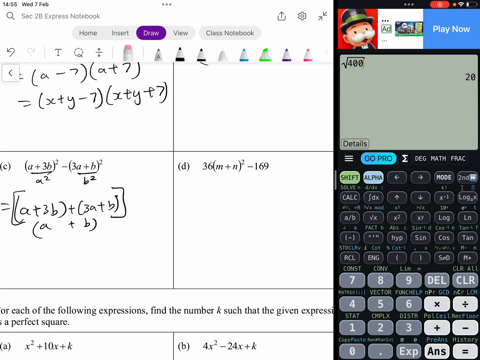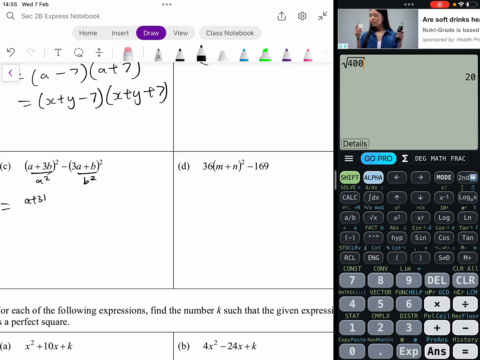Okay, let me squeeze it in a bit. A plus 3b plus 3a plus b. Okay, so this is your a plus b. Now we want our a minus b, so it's a plus 3b minus 3a plus b.